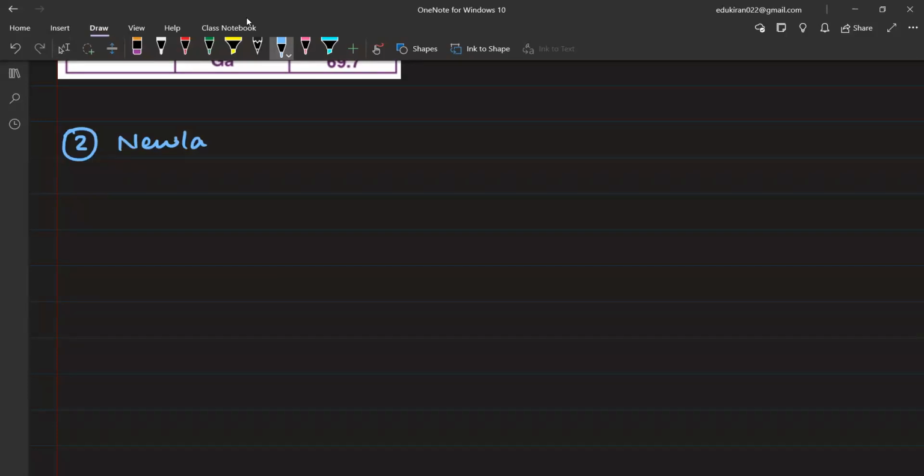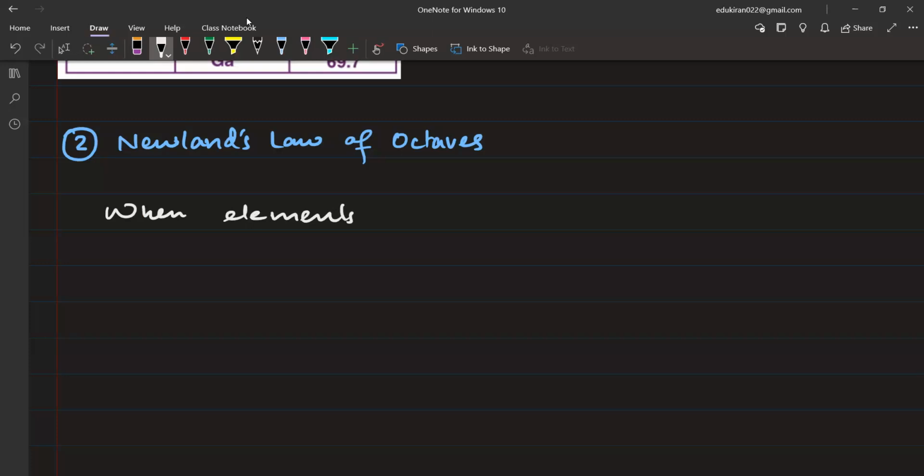And since the eighth element has similar properties, he called this law the law of octaves. So Newlands' law of octaves. Okay. So he said that when elements are arranged... now all these things are observations. All of these depend on the elements which were known at that time.